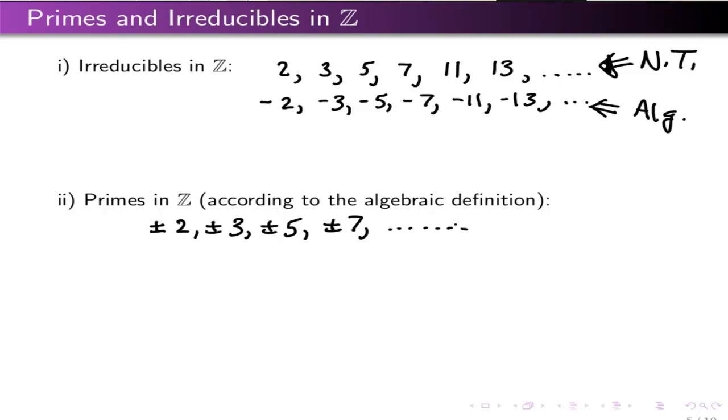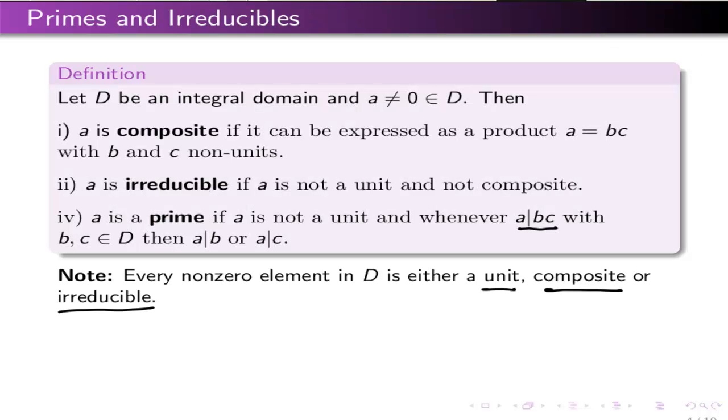So what does it mean again to be a prime? It means that if P is a divisor of B times C, then P divides B, or P divides C. Now that was actually a theorem.